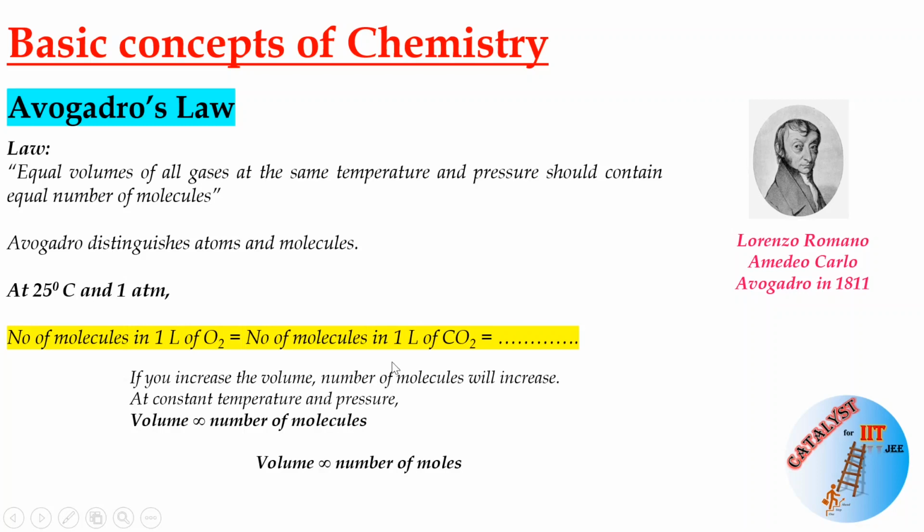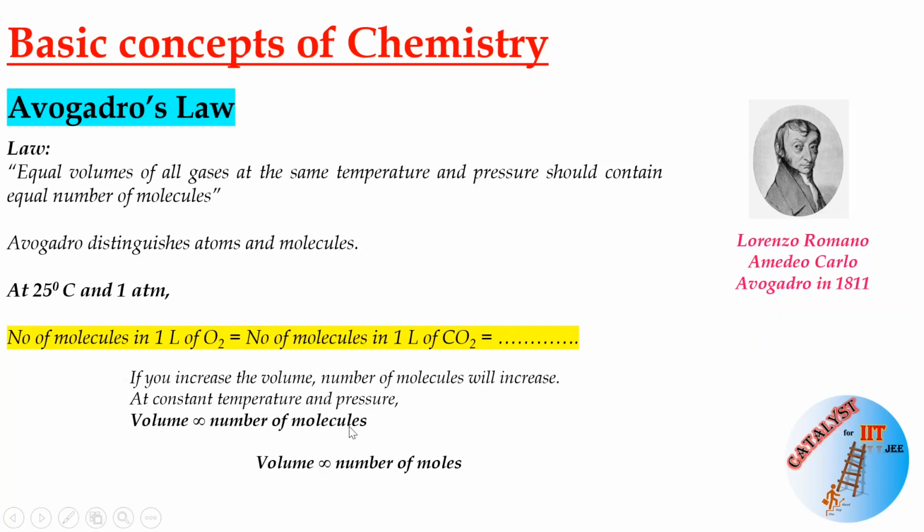That means that if you are changing the volume, you are increasing the number of molecules as well. So at constant temperature and pressure, volume is proportional to the number of molecules. Now we also know that the number of molecules is proportional to the number of moles. So if you add more molecules, your mole number will also increase.